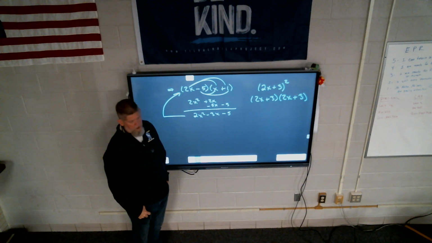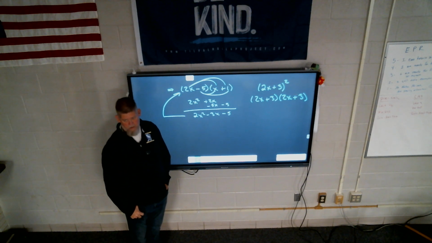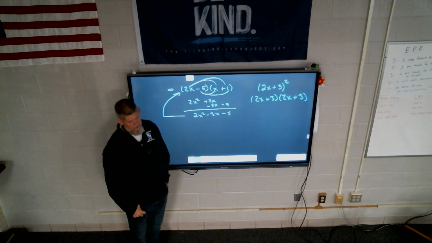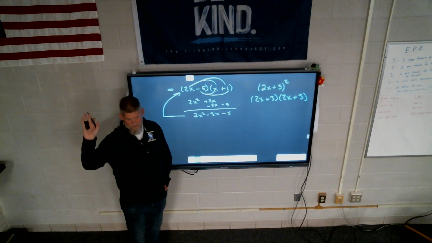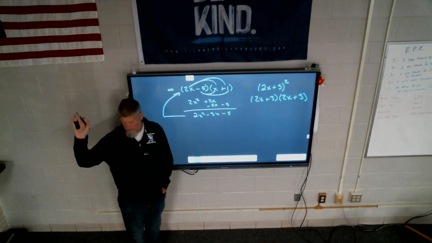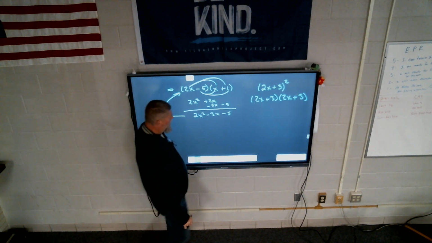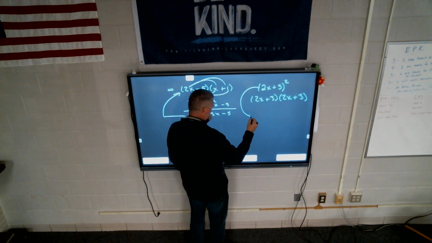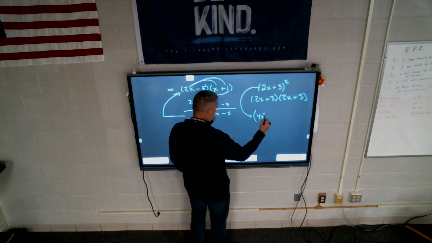I can show you a shortcut to it if you want. You want to see the shortcut? It only works for squaring. So to square it, you simply take, what is 2x squared? 4x squared, right?